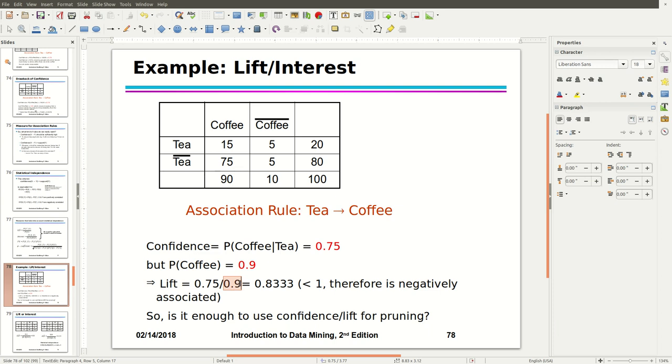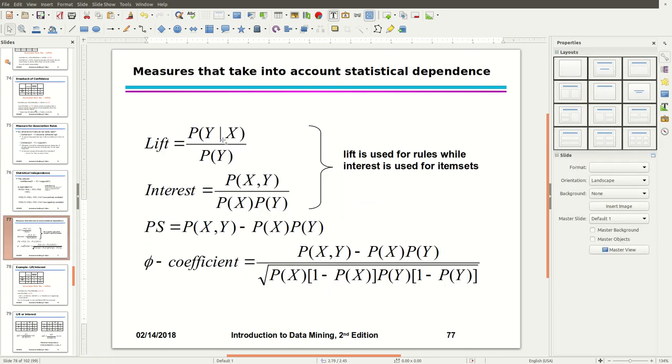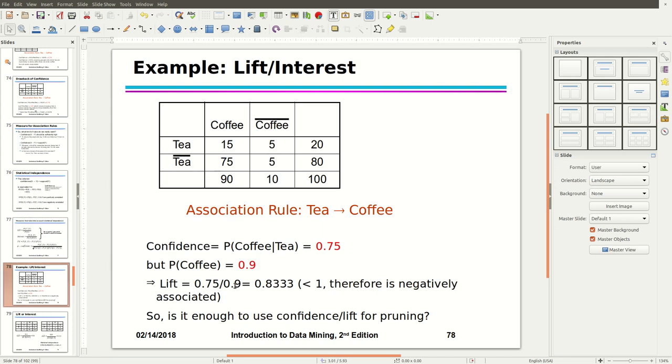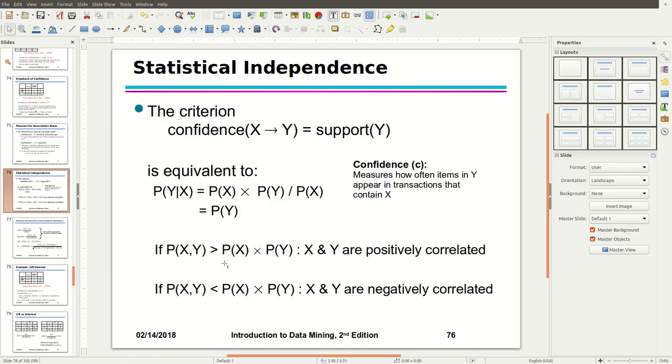This is the probability of y, and this is the probability of y given x. This is the probability of coffee, and this is the probability of coffee given tea. So you divide confidence by this probability in the lift, and what you get here is 0.833, and if you remember from here, it is negatively correlated, so it's not really a positive correlation.